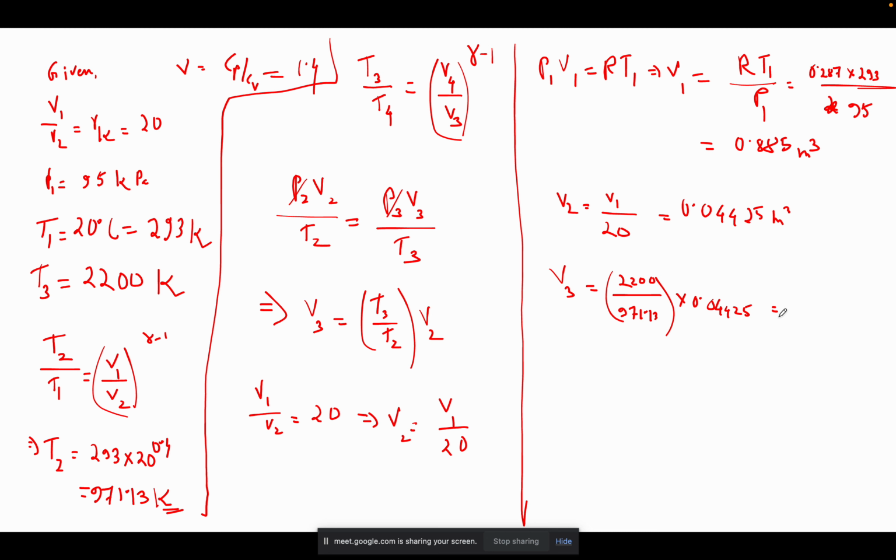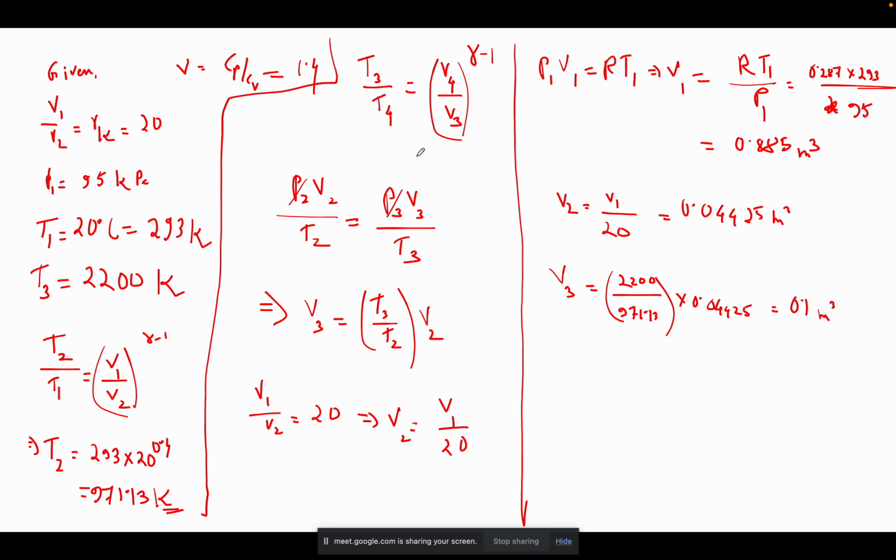So that is V3, which is nothing but 0.1 meter cube.